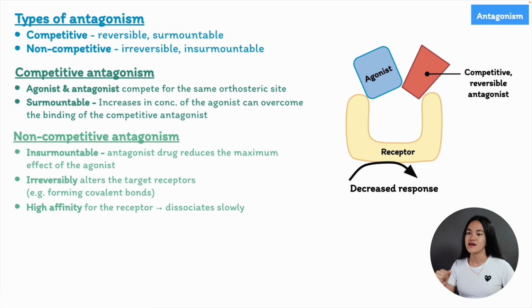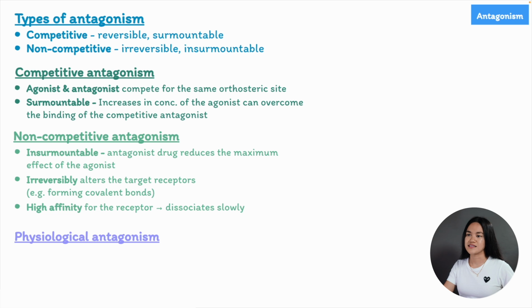All right? Okay, we've covered a lot so far. We have discussed receptor antagonism, where an agonist drug and antagonist drug interact at the same receptor. Now, there's another type of antagonism, called physiological antagonism or functional antagonism.